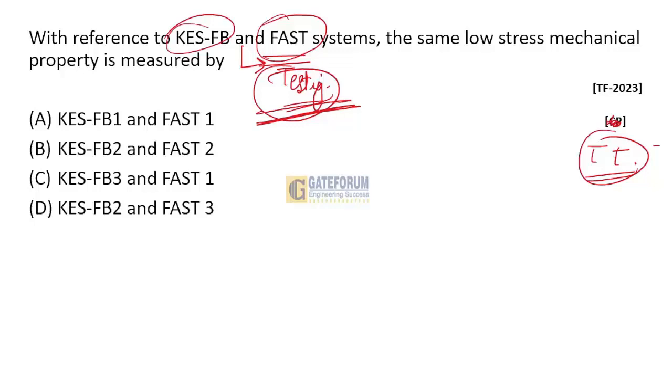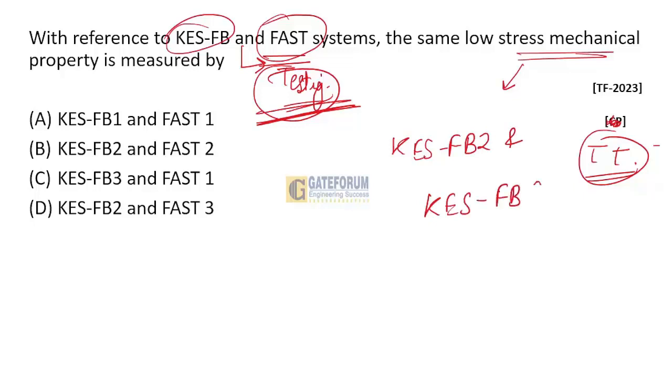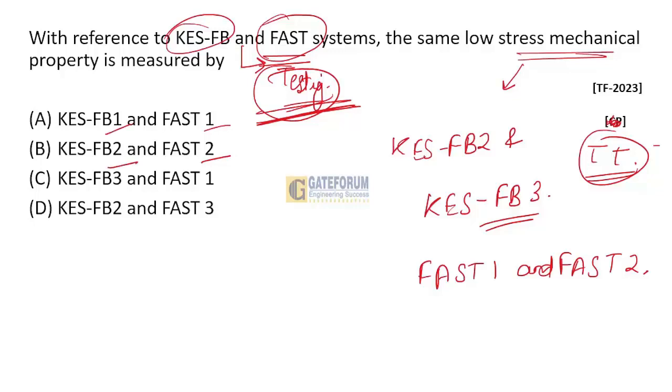When you read these low stress mechanical properties, you will understand that KESFB2 and KESFB3 deal with these things, and the FAST systems for this are FAST 1 and FAST 2. So option FB2 and FB3.